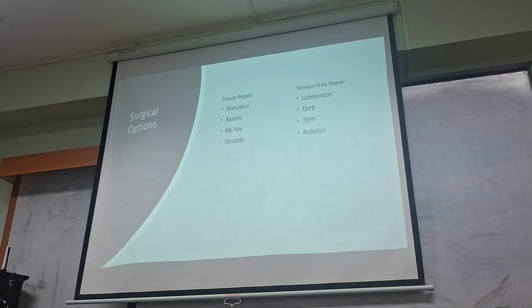Now, for tension-free repair techniques, one of the most important steps is going to be to do a high ligation of the hernia sac, because a sac does not develop right away. It will take years or even decades for a sac to develop.